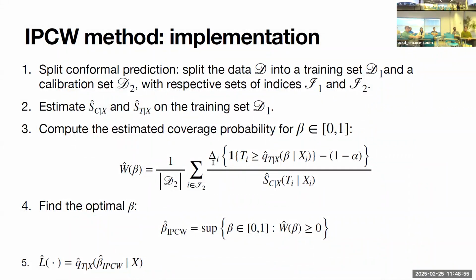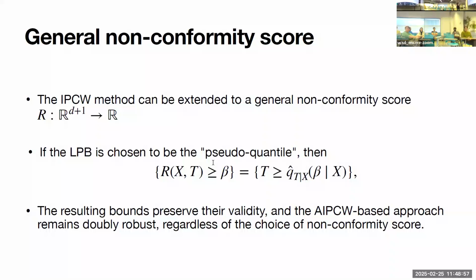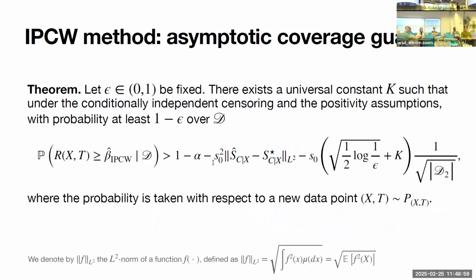Like yesterday, I'm going to run out of time, so I'm just going to mention a few things. Let me skip this. This is a formal theorem that gives you the coverage guarantee. Let epsilon be a number between 0 and 1 that you fix.